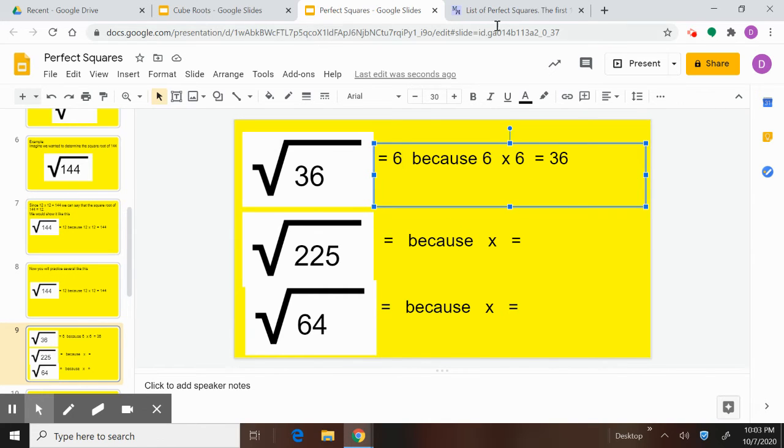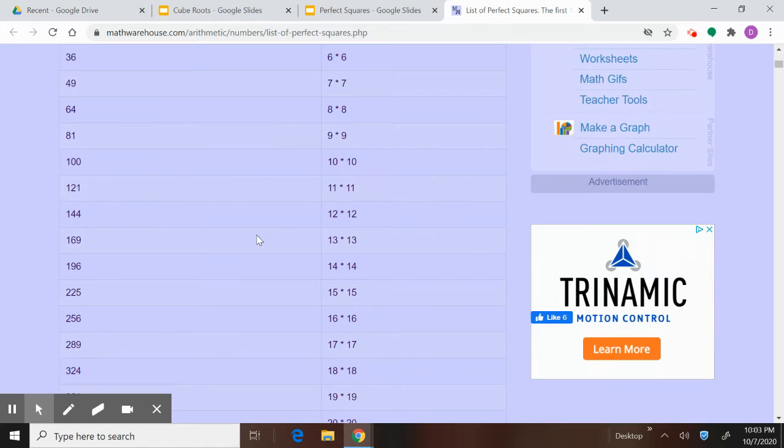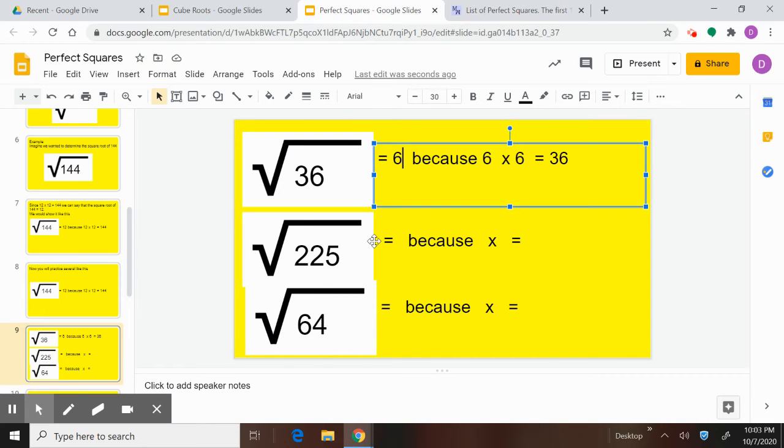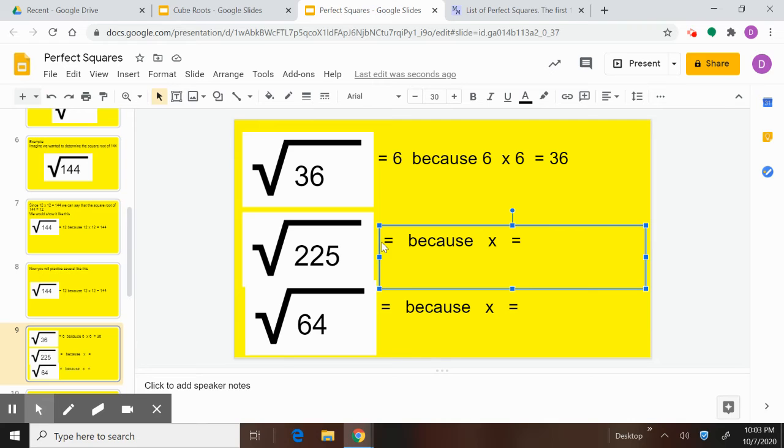What's the square root of 225? The square root of 225 is 15 because 15 times 15 equals 225. All right, very good.